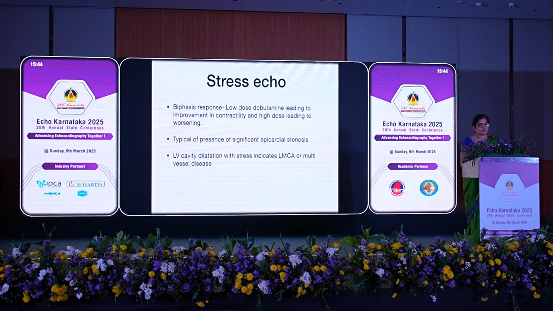However, when you step up the doses of dobutamine, these patients will have worsening in contractility. This is the typical biphasic response that happens for stress. This is indicative of a significant epicardial stenosis in such patients. Also, LV cavity dilatation, which happens with stress, also indicates left main coronary artery disease, or it could be due to multivessel disease.